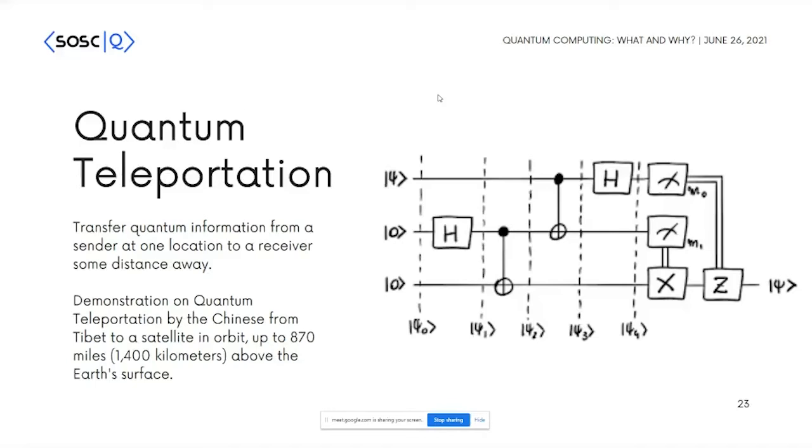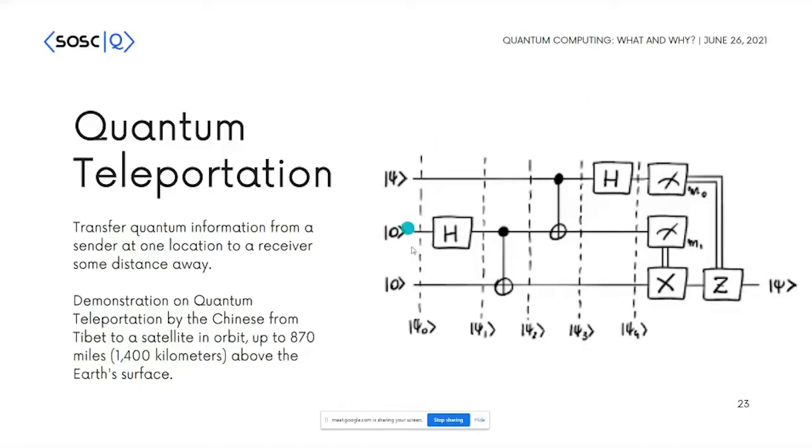What you're basically doing with quantum teleportation is transferring quantum information without physically transferring a qubit. I'm sorry, not a bit, but a qubit. You're not transferring the qubit, but the information in the qubit, using entanglement.